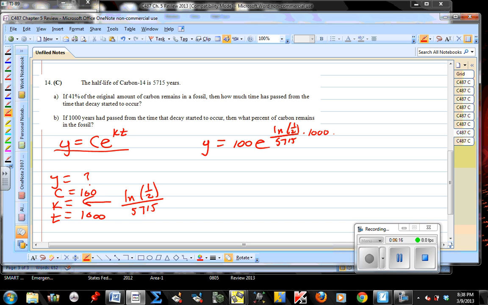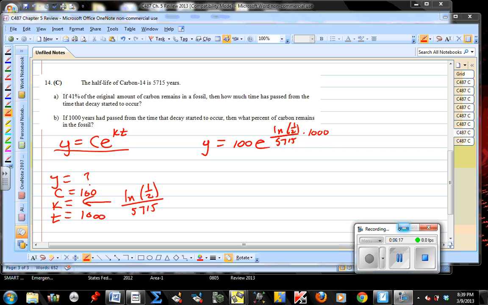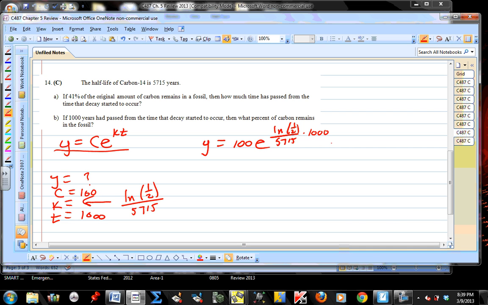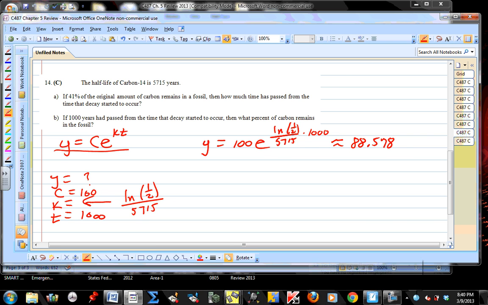So we'll just go to our calculator. And you see that y is approximately 88.578. It doesn't matter if you start with 1 gram, 10 grams, 100 grams, 37 grams. After 1,000 years, between 88 and 89% of the carbon will be remaining.